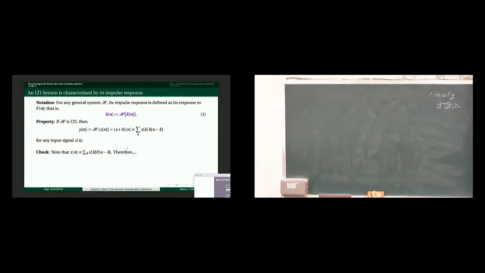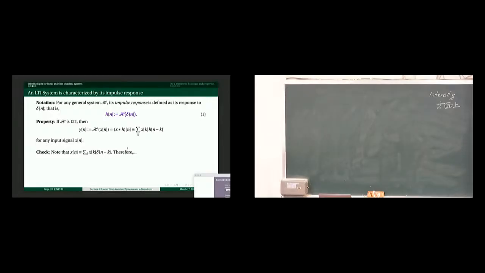Equivalently, any LTI system requires knowledge of the impulse response. When we convolve the input with the impulse response, the result is the output.